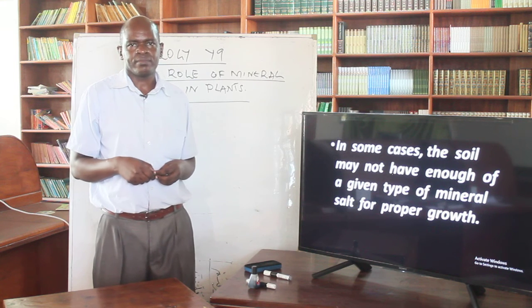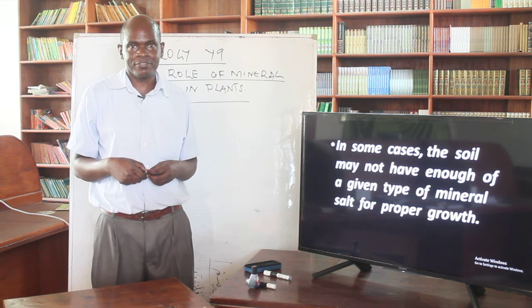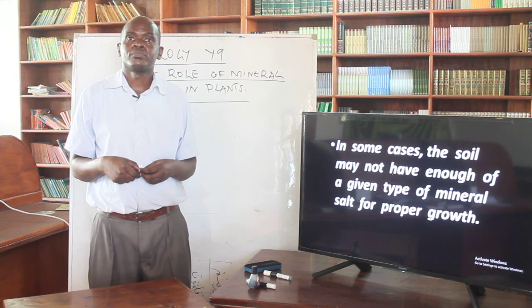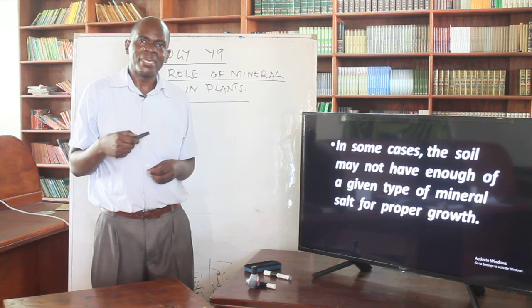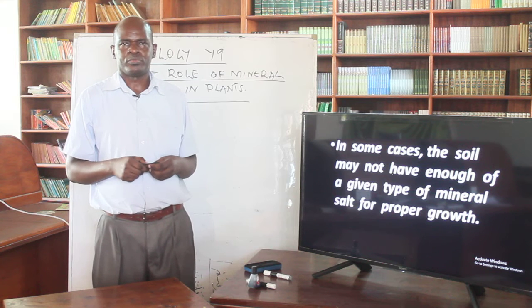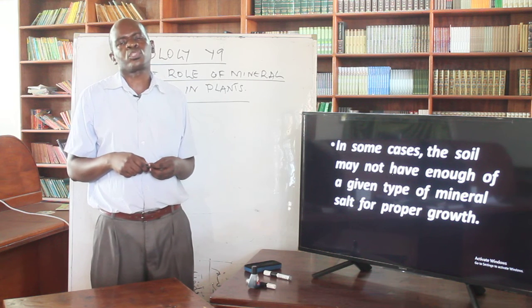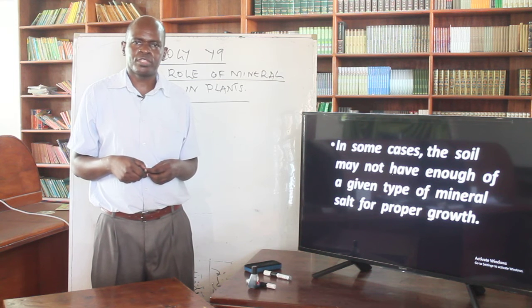In some cases, the soil may not have enough of a given type of mineral salt for proper growth. In some of the cases, the soil may contain very little of a given type of mineral salt that is required for proper growth.